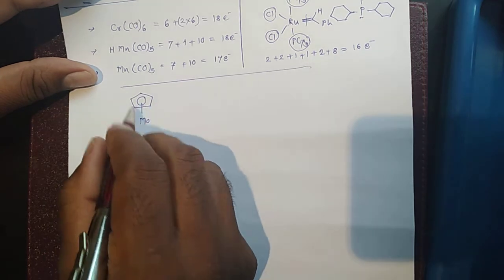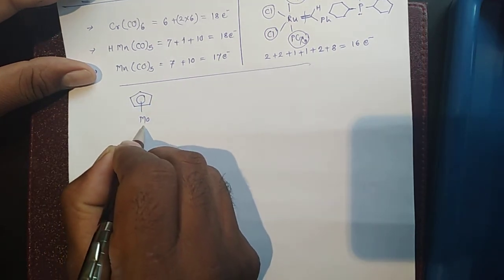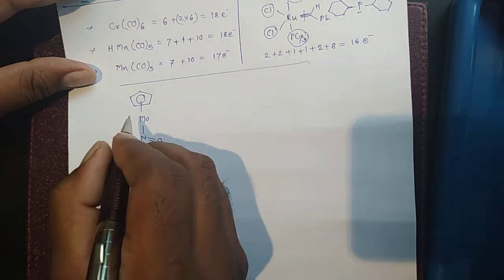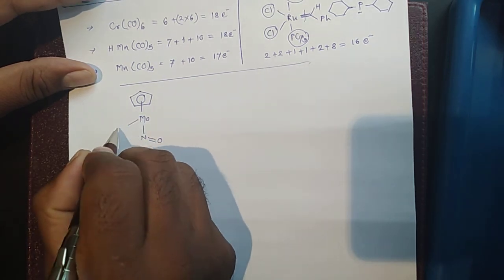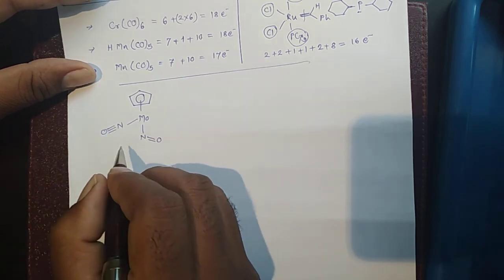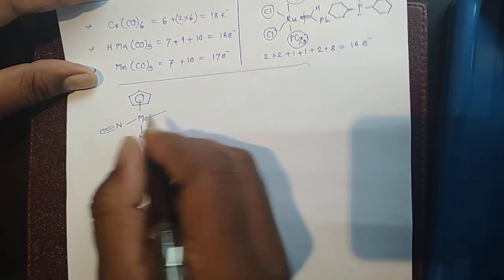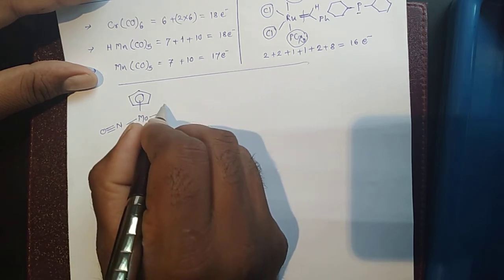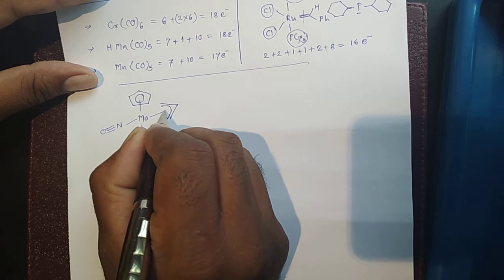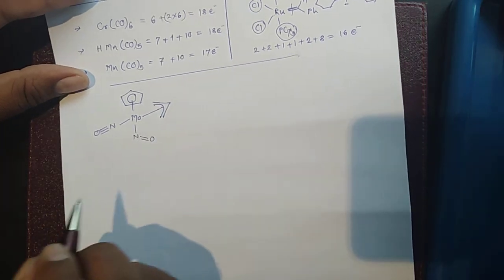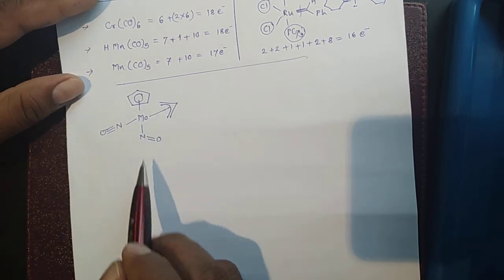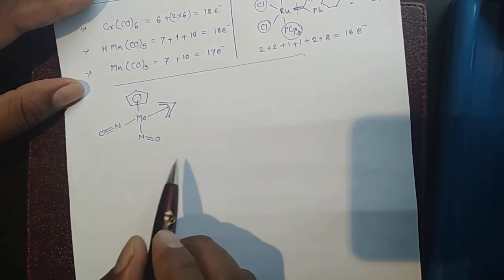See here, this is a cyclopentadienyl ring, then nitrogen having a double bond to O, here also nitrogen having a triple bond to O. Such kind of compound, okay, let's see. I think this is the first time you have seen such a kind of organometallic compound.